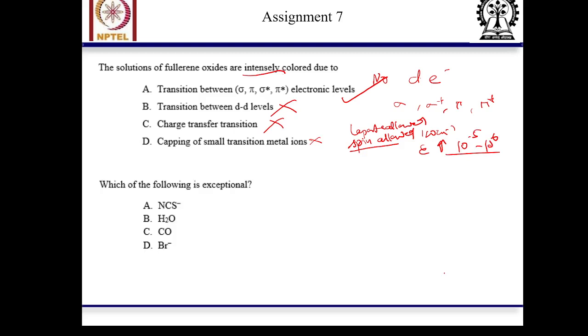Okay. Which of the following is exceptional? Again, I will wait for a few seconds.